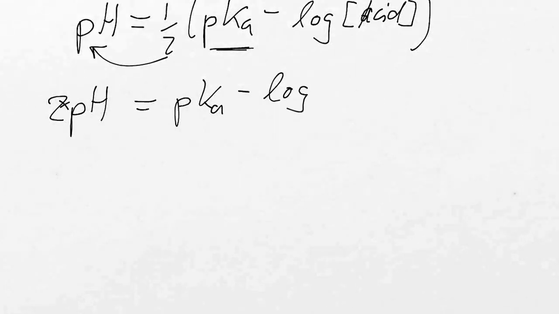So for example, I can find out the pKa of an unknown acid because I've got a pKa here. So what I can do is I can rearrange this equation. I bring this to that side, so I've got 2 times pH equals pKa minus log acid concentration.